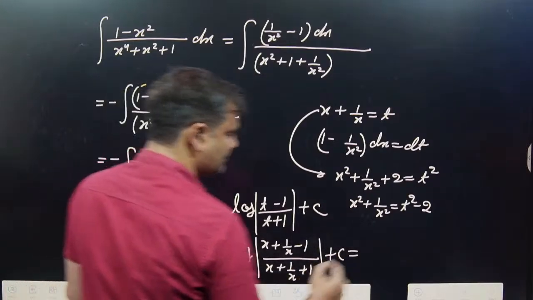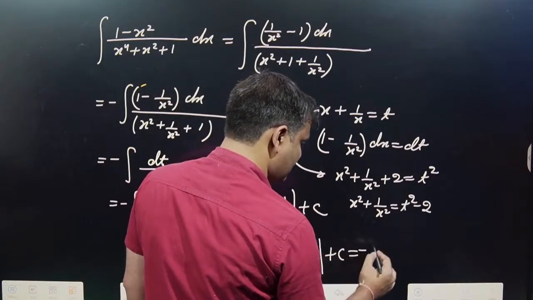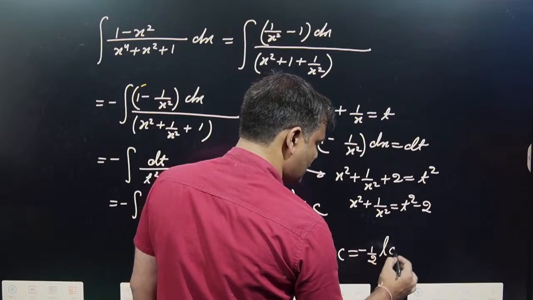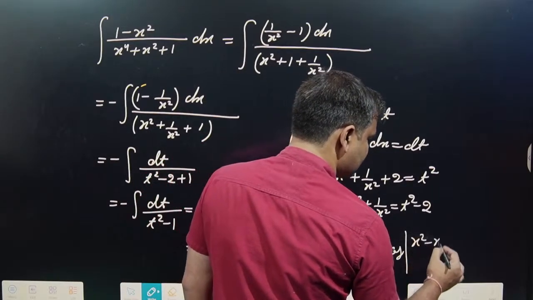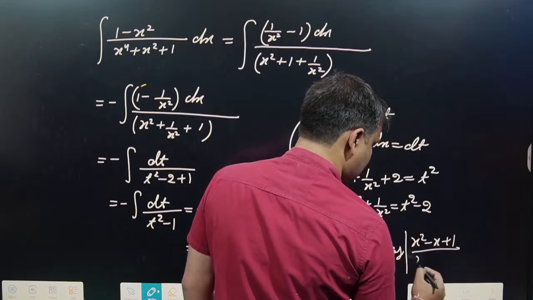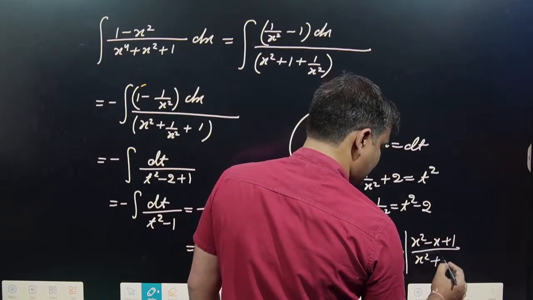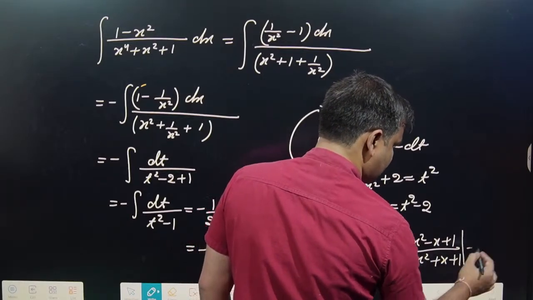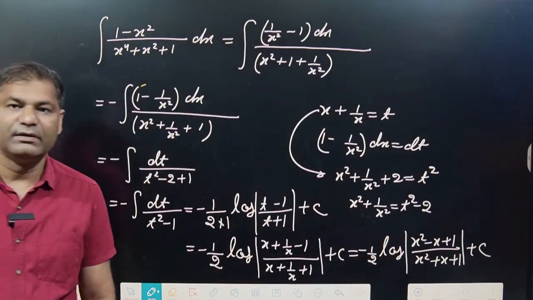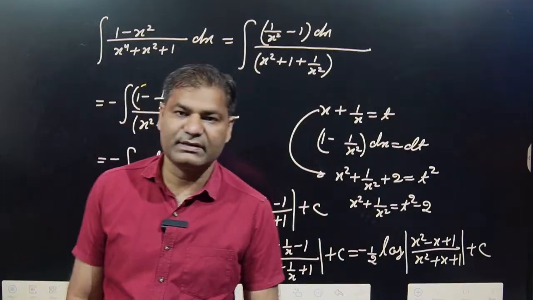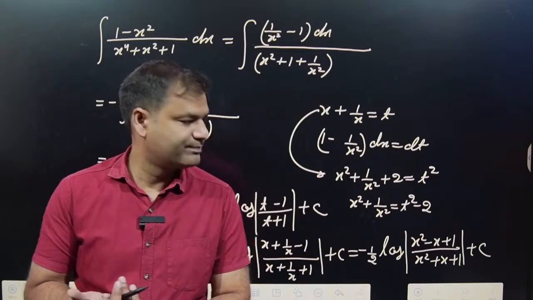After that, this is written as minus 1/2 into log of modulus of (x² − x + 1)/(x² + x + 1) plus C, is the right answer. Okay. If anyone faces any doubt at any step, then comment, I will discuss again.